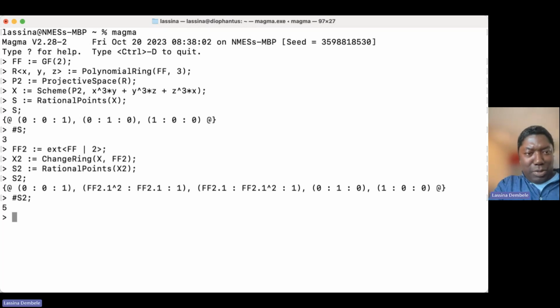And we can keep going. No, I think I forgot. So we need the extension of degree 3.